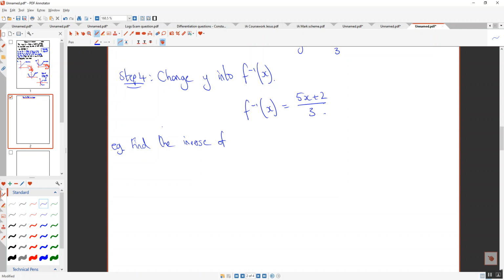Yeah, let's see. So find the inverse of f of x equals 3x plus 2 all over 2x plus 1.